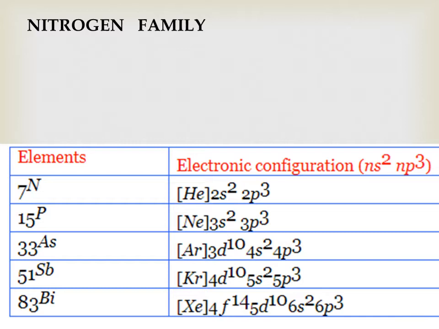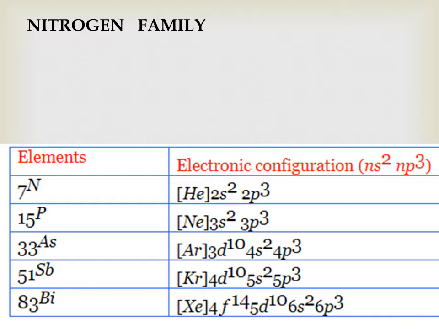Their atomic numbers are: nitrogen 7, phosphorus 15, arsenic 33, antimony 51 and bismuth 83. Similar to groups 13 and 14, the atomic number of group 15 also increases down the group.